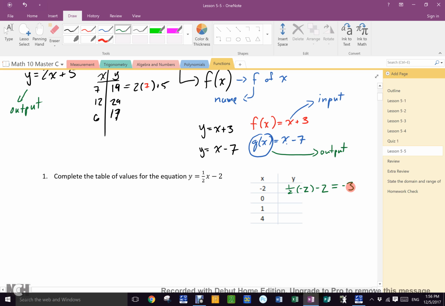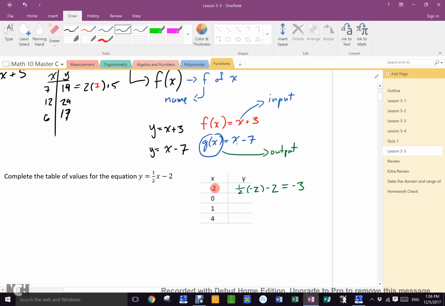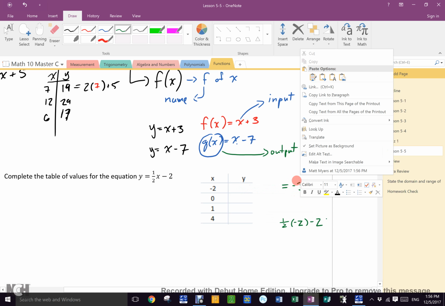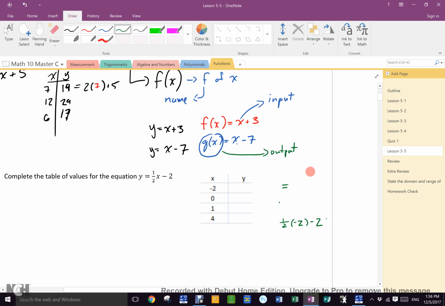Everybody agree? So that means when my input is -2, my output is -3. Because that equals that. Is everybody cool?